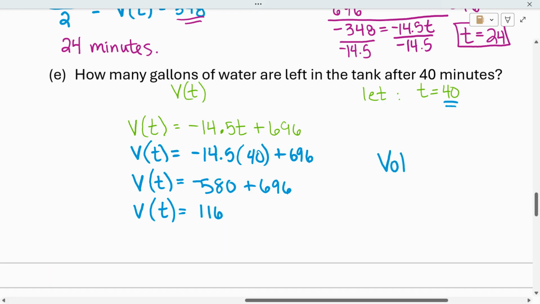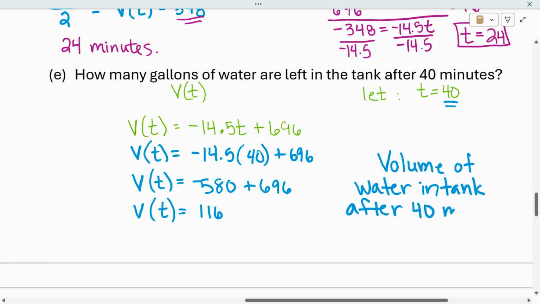So the volume of water in the tank after 40 minutes is 116 gallons.